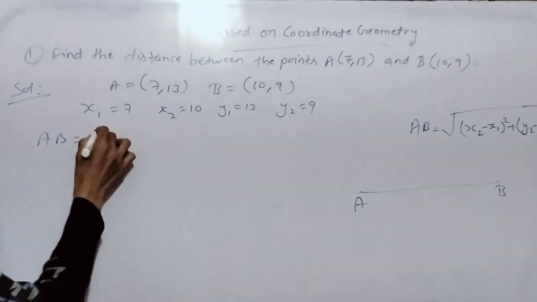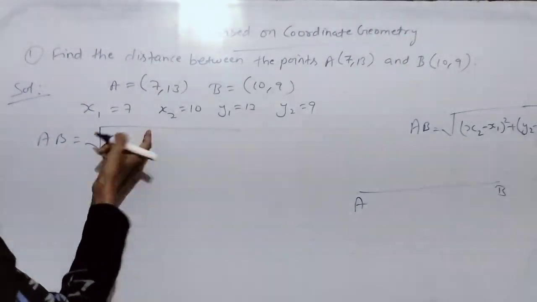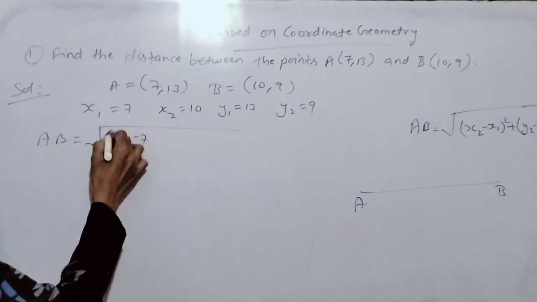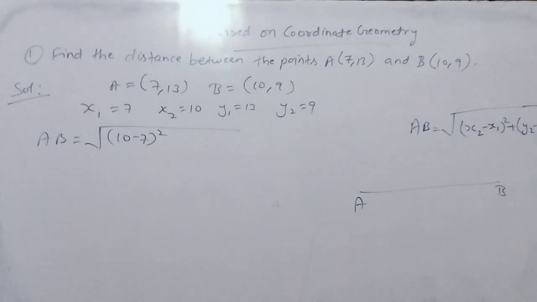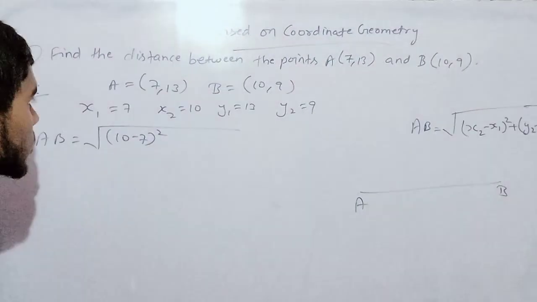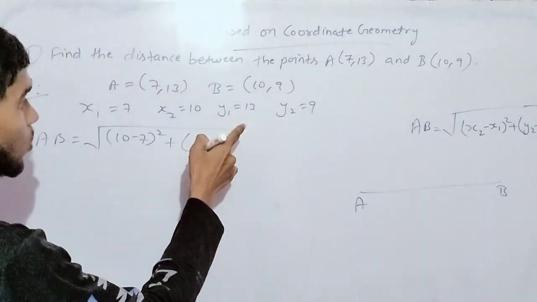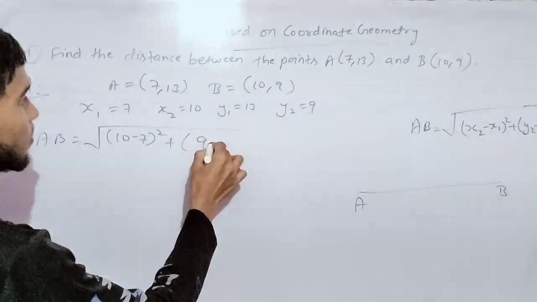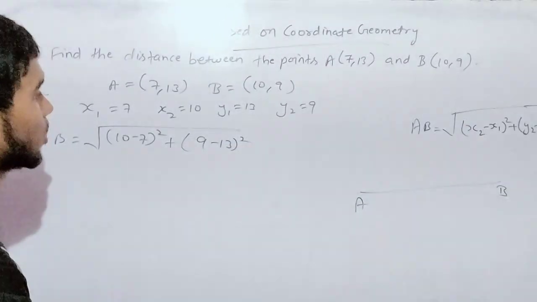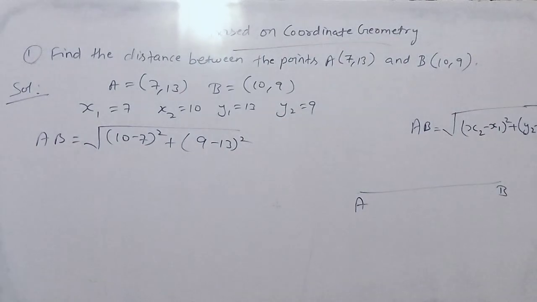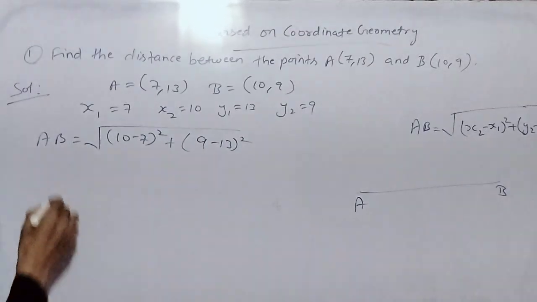AB is equal to the square root of (10 minus 7) square plus (9 minus 13) raised to the power 2.